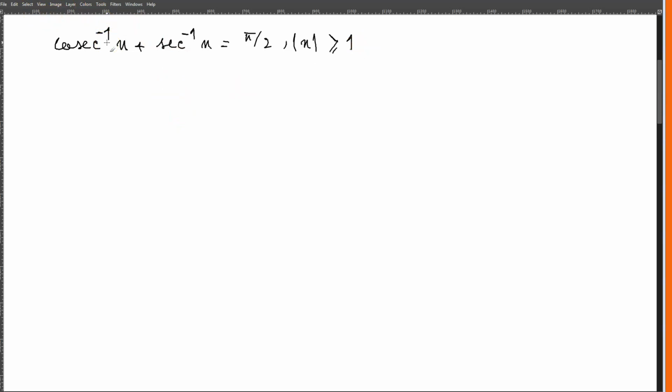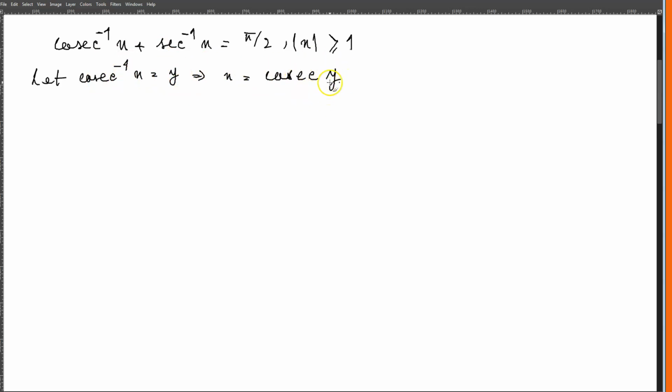Okay, so now to prove that the cosecant inverse of x plus secant inverse of x is equal to pi by 2, you can say that, for example, let cosecant inverse of x be equal to y, which implies that x is equal to cosecant of y.